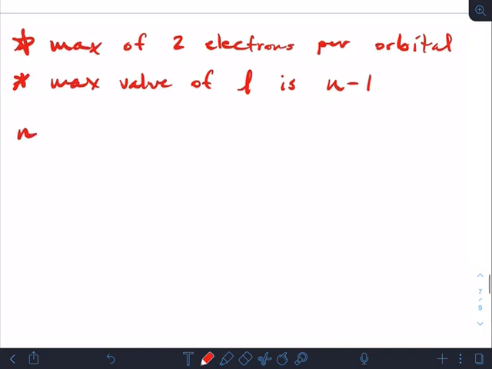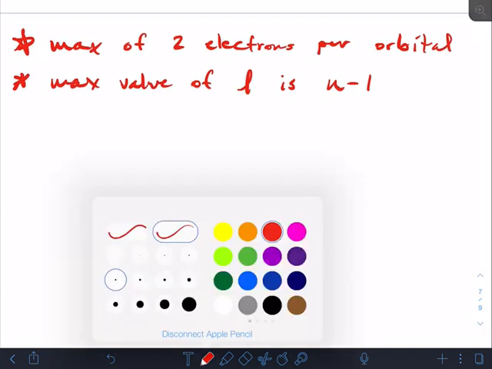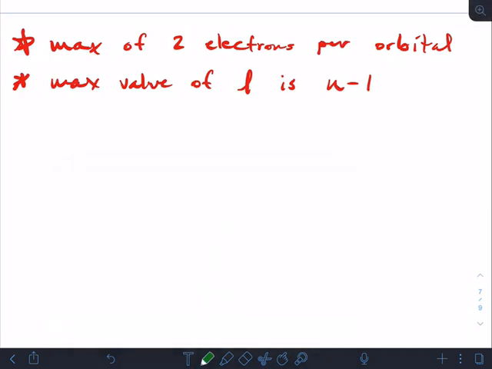So let's talk about this. Let's switch to green. Let's be Christmassy. If my n value is 3, and let's say my L is 0, or 1, or 2, as long as it's not 3.